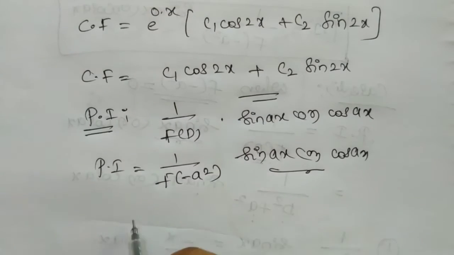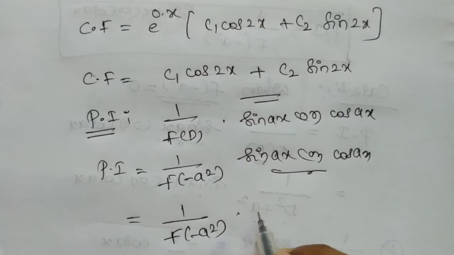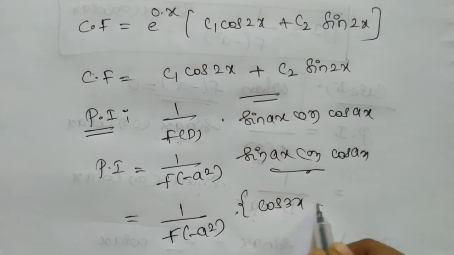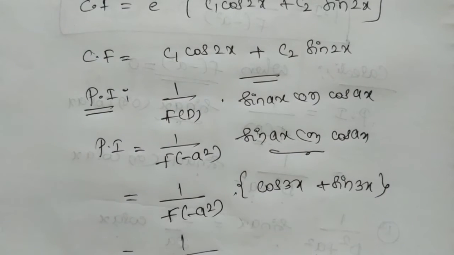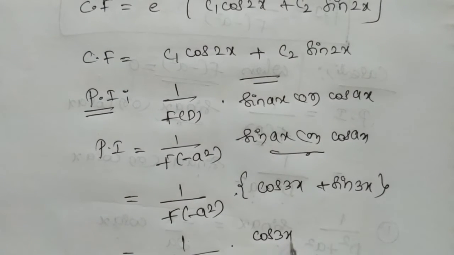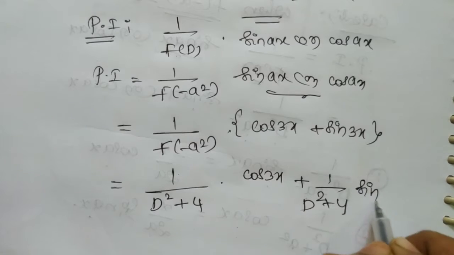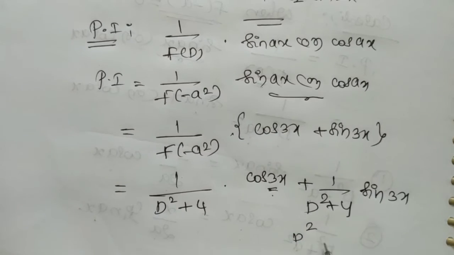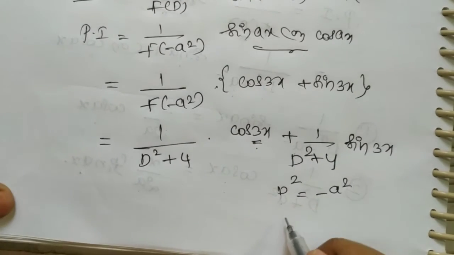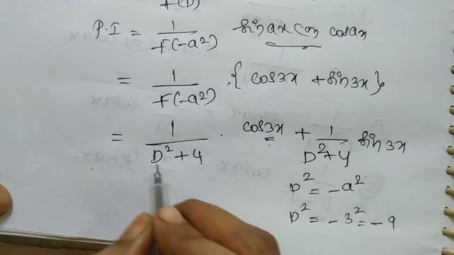Here, given Q of x, that is cos 3x plus sin 3x, and f of D is D square plus 4, so we have 1 by D square plus 4 cos 3x plus 1 by D square plus 4 sin 3x. Here a equals 3, so substituting D square equal to minus a square, that is D square equals minus 3 square, which is minus 9. In place of D square I am writing minus 9.